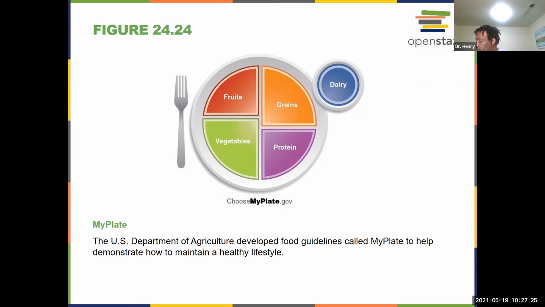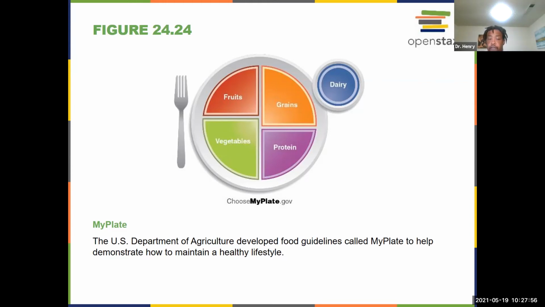Your book actually lists all of the different vitamins that are often used. They kind of break them up in terms of their solubility, and the solubility partially helps us with some of their functions. So we have some that are going to be fat soluble and some that are going to be water soluble. So you want to pay attention to that. For instance, vitamin K is involved in clotting.